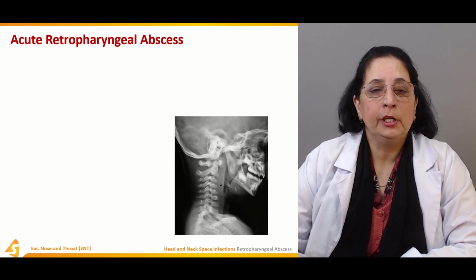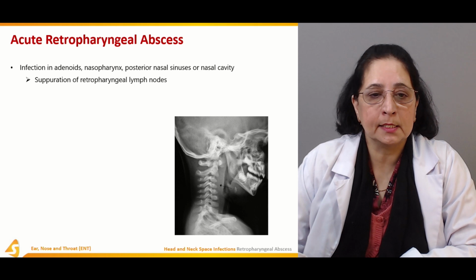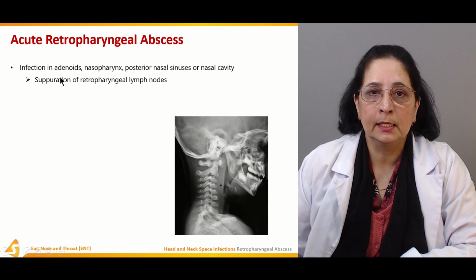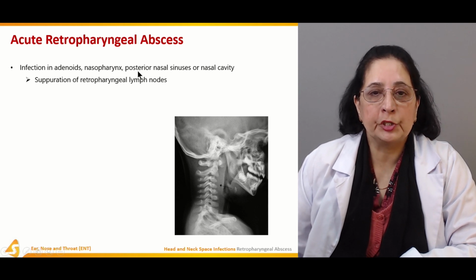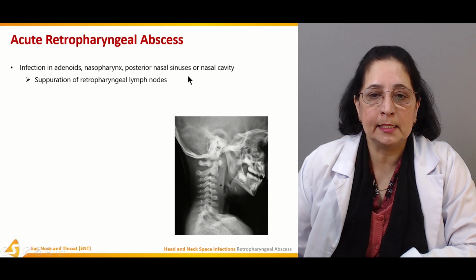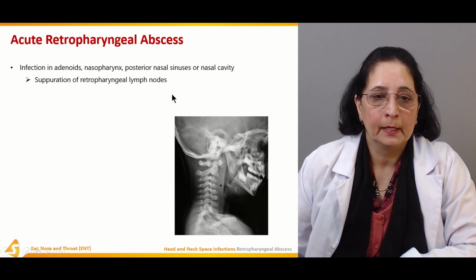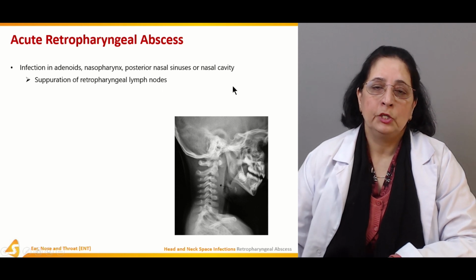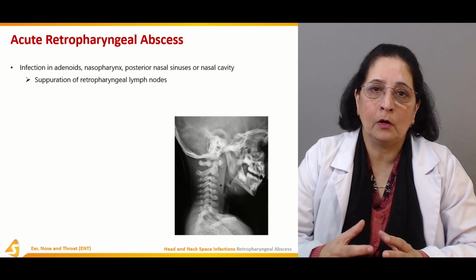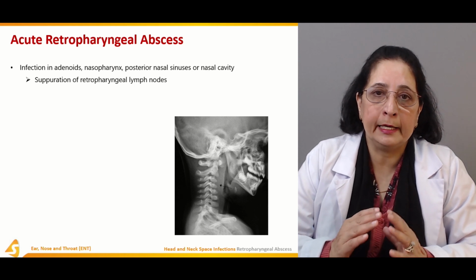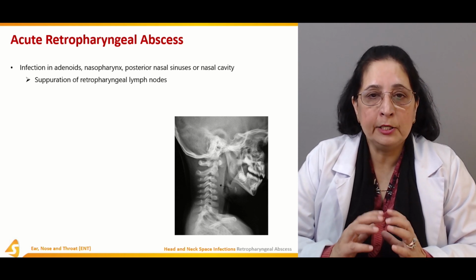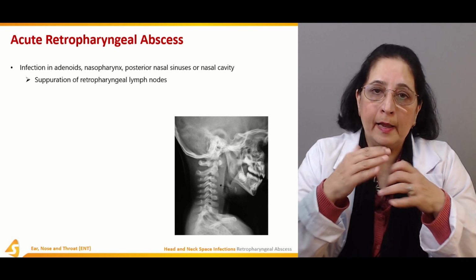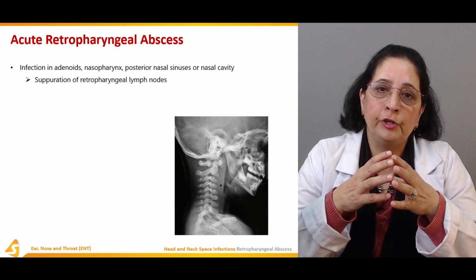Now the acute retropharyngeal abscess is due to infection in adenoids, nasopharynx, posterior nasal sinuses or nasal cavity, or suppuration of retropharyngeal lymph nodes. We discussed that the pharynx is divided into three portions.